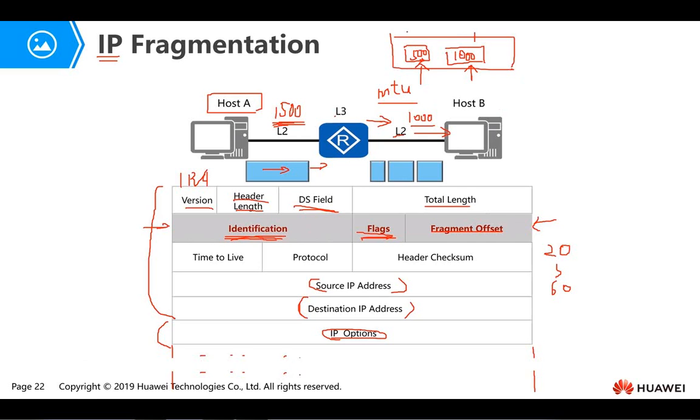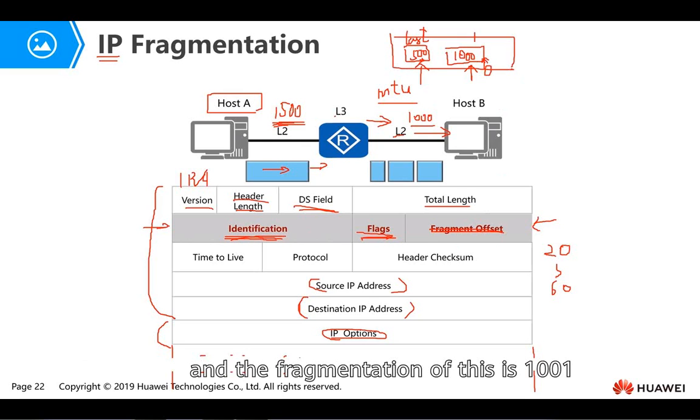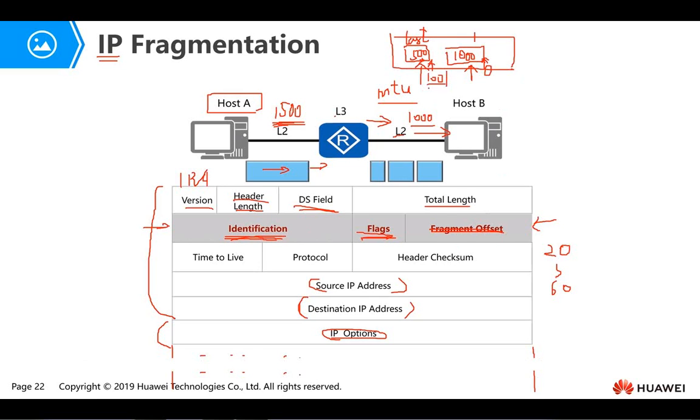The fragment offset for the first fragment is 0, the first byte in the packet, and for the next fragment the offset is 1001.